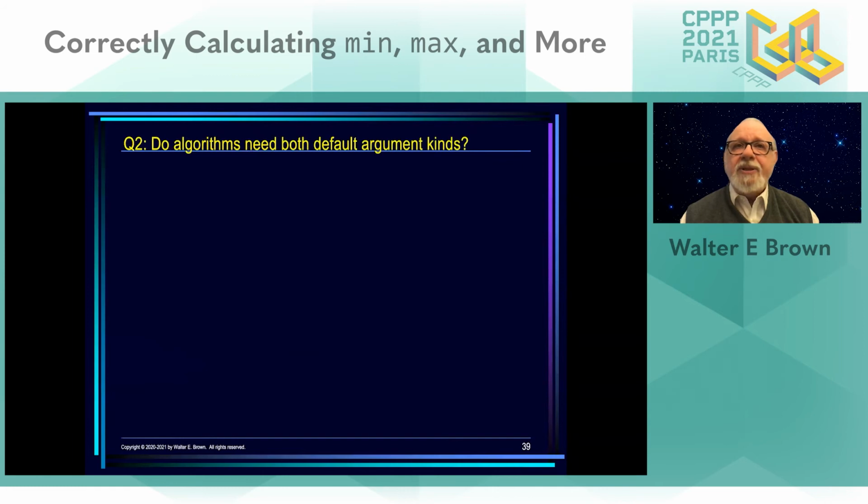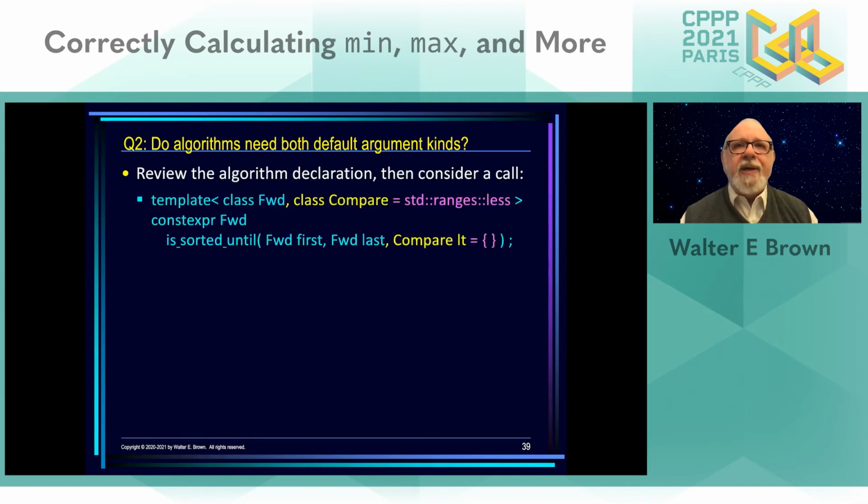If we adopt this, do we really need both kinds of default arguments? Well, let's have a quick look again at the declaration of the algorithm, and then let's consider a call to the algorithm. So here's the declaration, same as before. And then here's a sample call.